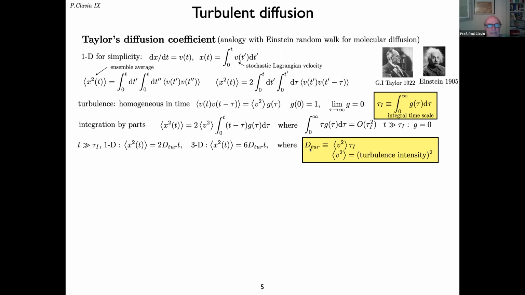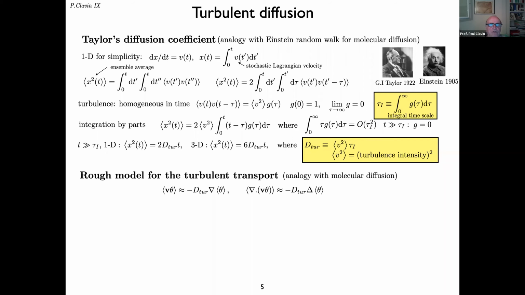Good, so this is what is called the Taylor diffusion coefficient, which is an analog of the Einstein random walk for molecular diffusion, in fact. That's all. Simply, you replace the random walk due to the collision by the random walk due to the velocity fluctuation of the particle.